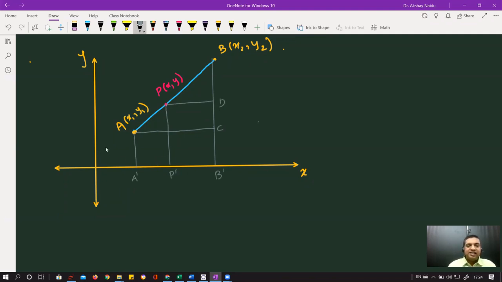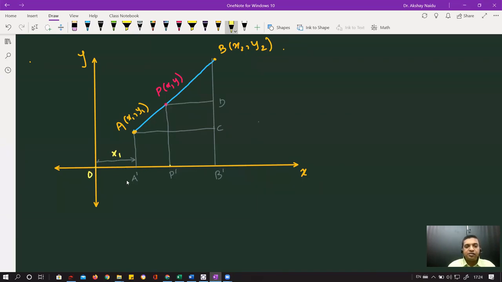Now what is this distance? Anybody? You can answer. Unmute yourself and answer. X1. Very good. This distance is x1. And what is this distance?